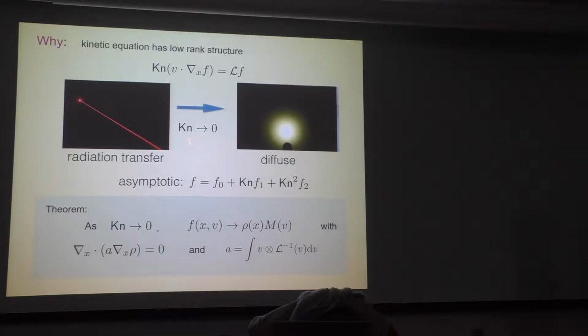When this Knudsen number is extremely small, that means your photon particles get scattered so often that you achieve some kind of equilibrium on the macroscopic level. Over here I have two kinds of light sources: a laser light and a flashlight. The only difference is that the laser light is a high energy photon and the flashlight is a low energy photon.